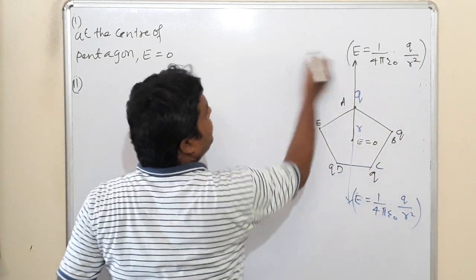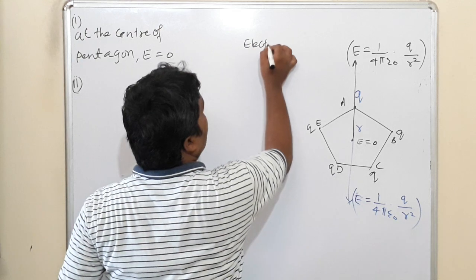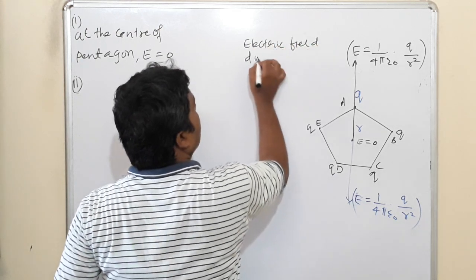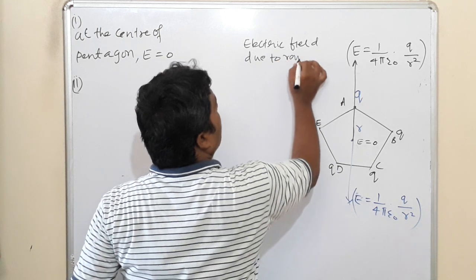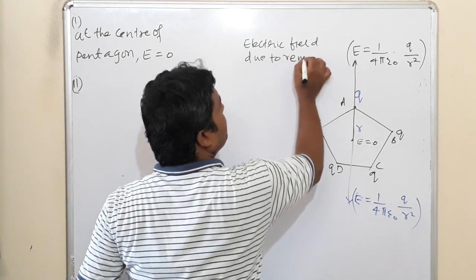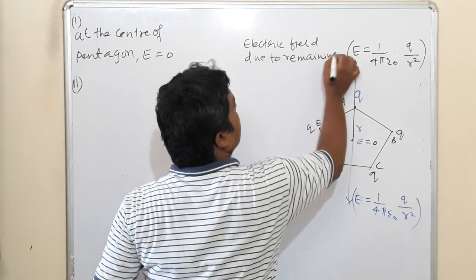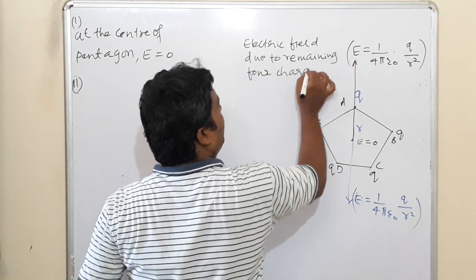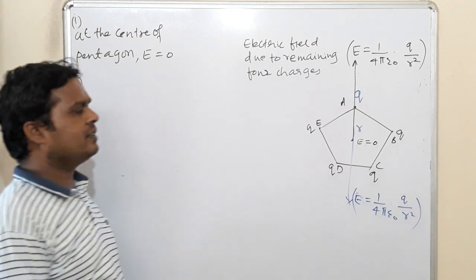What is this? This is the electric field due to the remaining 4 charges. Without calculating also you can say this.